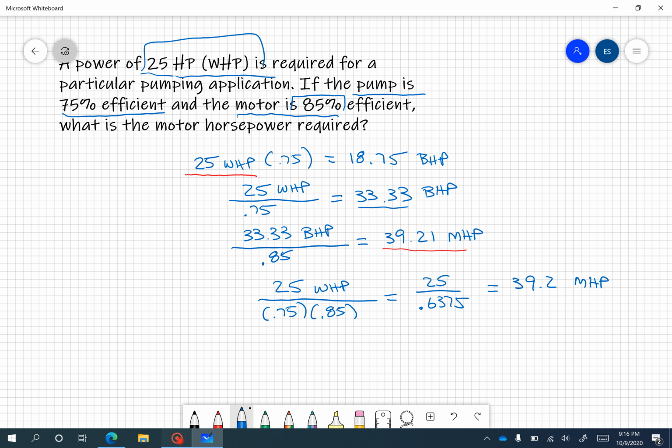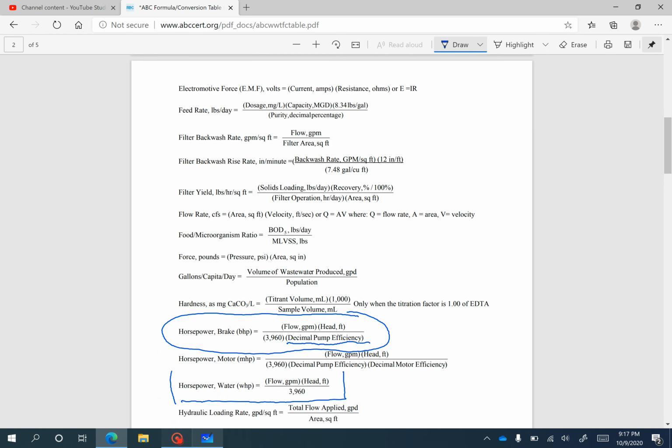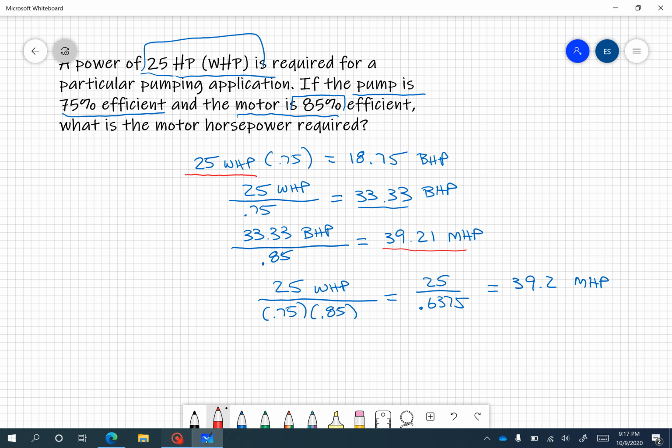So you can actually multiply the efficiency of the motor and the pump and then divide your water horsepower by those two efficiencies multiplied together. And you're going to get the same answer.